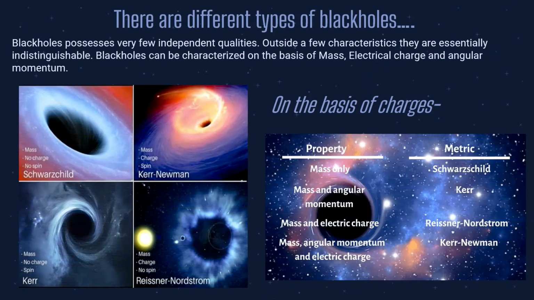If we talk about different types of black holes, black holes can be classified on several bases. The main bases on which black holes are characterized are mass, electrical charge, and angular momentum. First, on the basis of charge, it comprises Schwarzschild, Kerr-Newman, Kerr, and Reissner-Nordstrom.